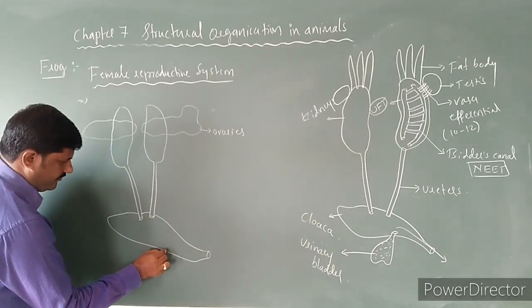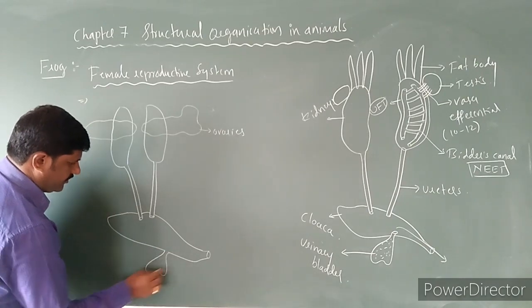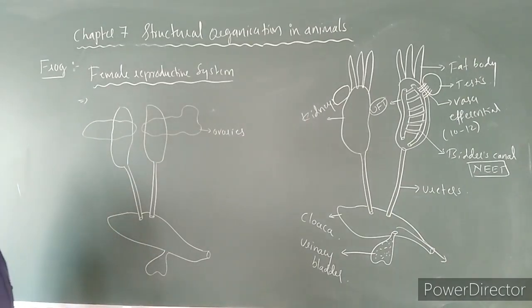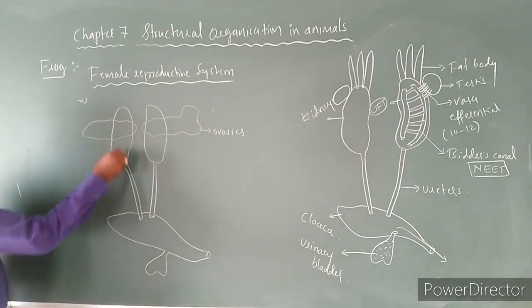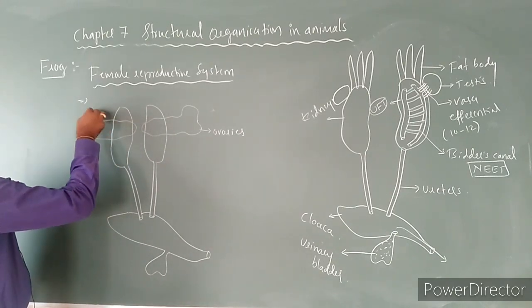And on the ventral side there is one urinary gland also there. And one more thing, these are ovaries.